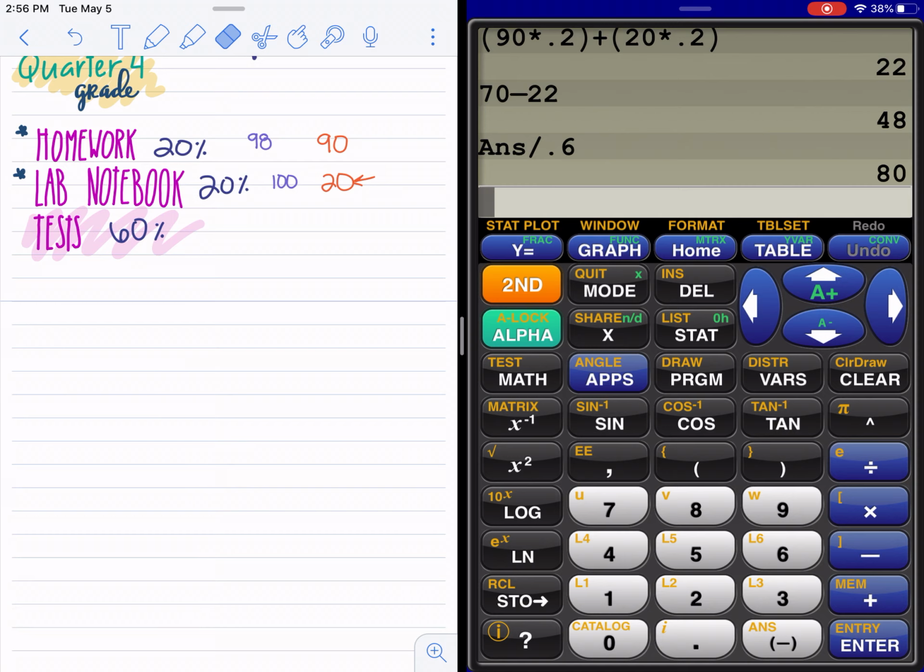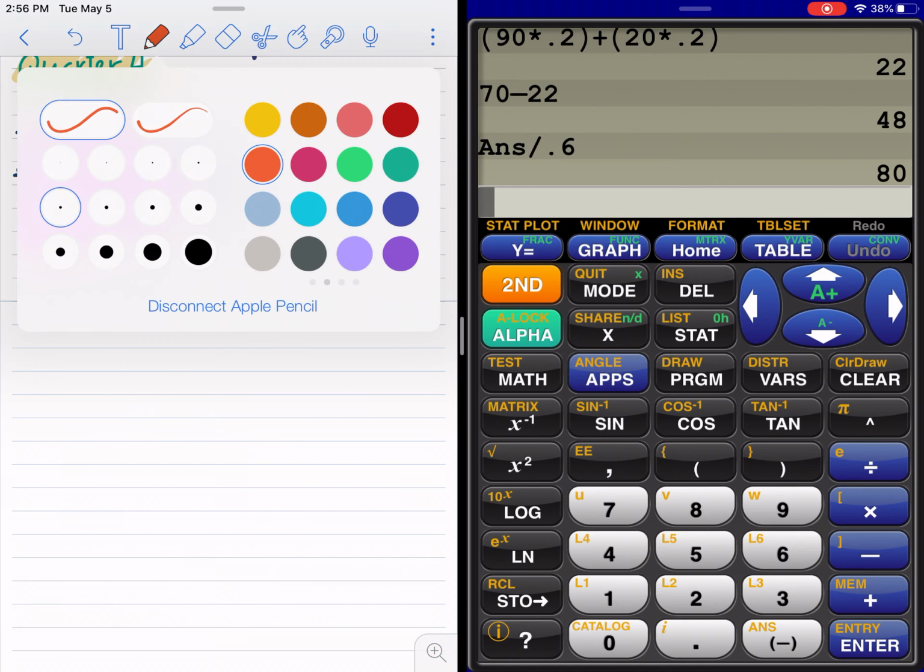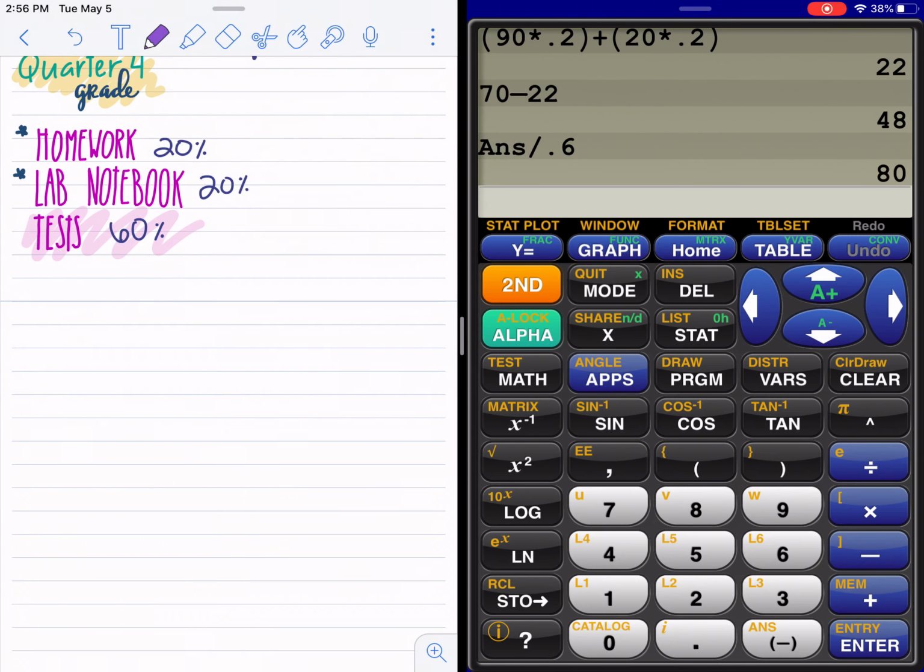Okay, let's go back to some new grades. Okay, so it's the what if. Right now I know I have a 98. Let's go 93, a 93 on my homework. I have a 75 on my lab notebook. What will my grade be if on my final project I get a 70?